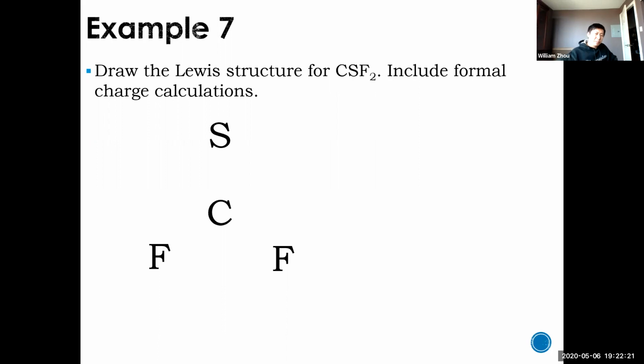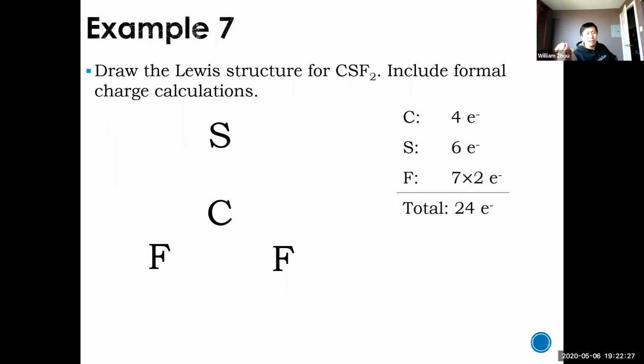Now let's count. Carbon has 4, sulfur has 6, fluorine has 7, and there's 2 of them, and they add up to 24 total electrons. And obviously, you got to connect them with a single bond, and you have 3 bonds, so 6 electrons were consumed, leaving you with 18. Now here, you got to make a decision. Who gets the electrons first?